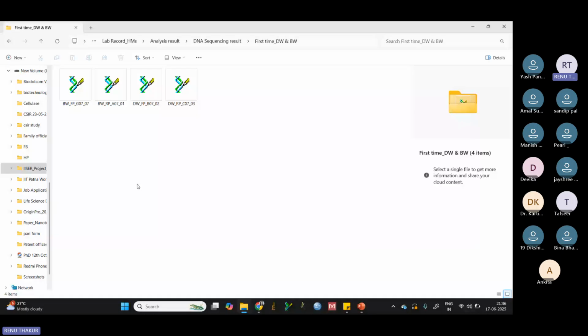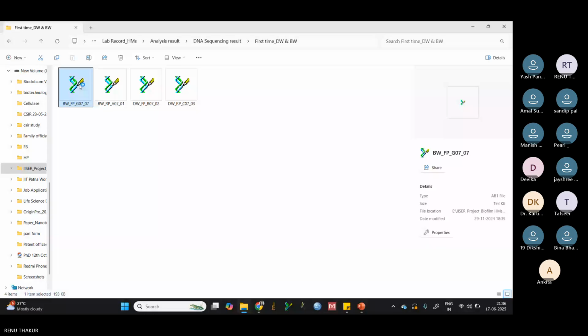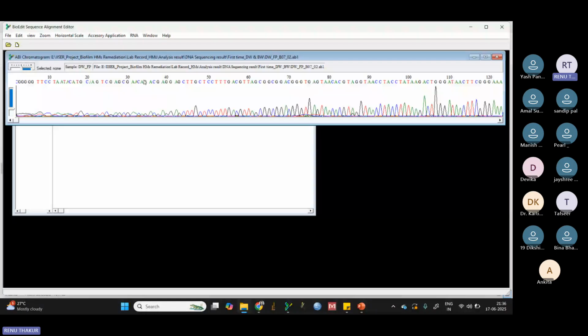I have installed BioEdit. See, this is an AB1 file. For that, you need a particular reader. Both those files had some problem.